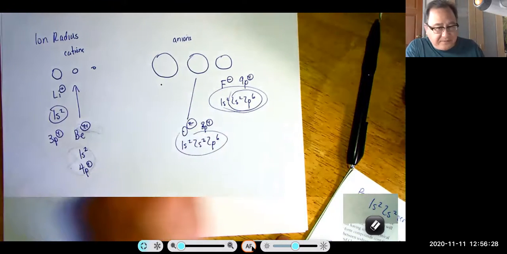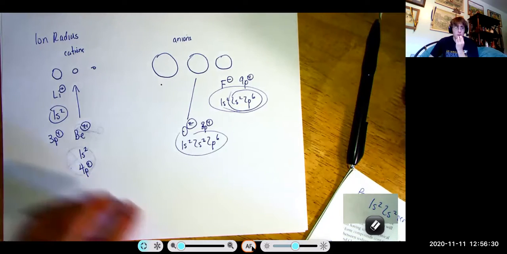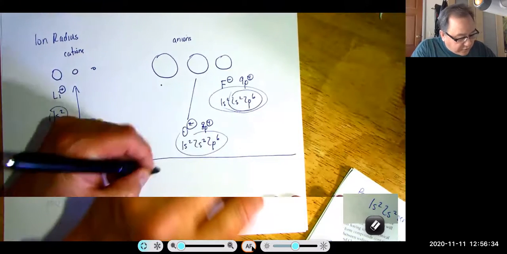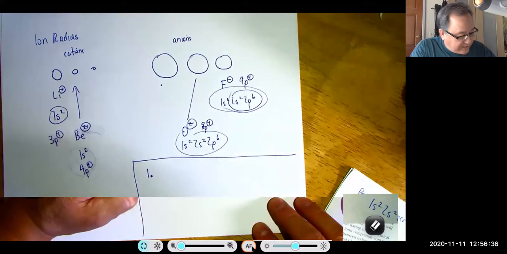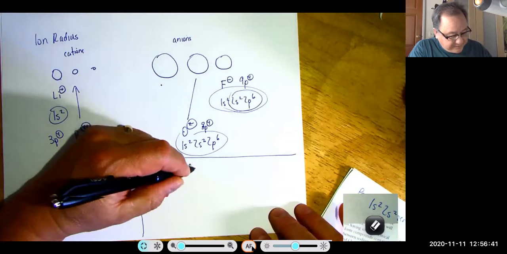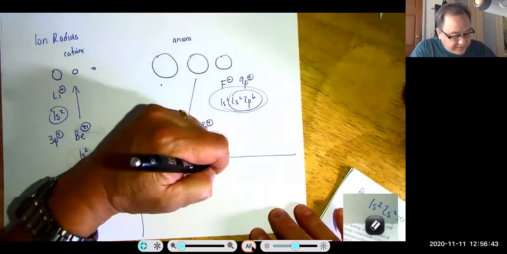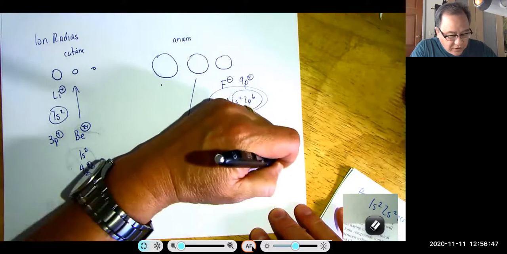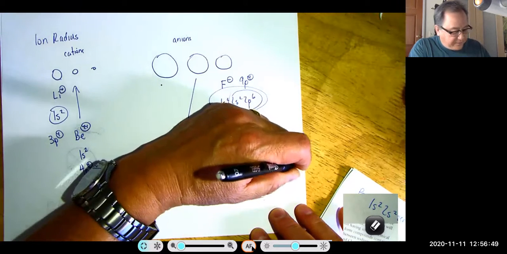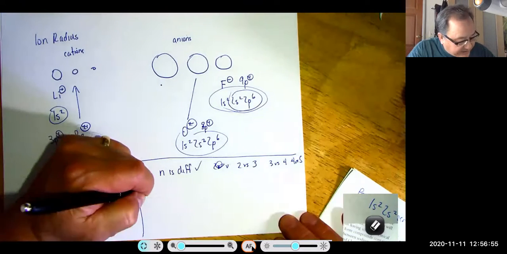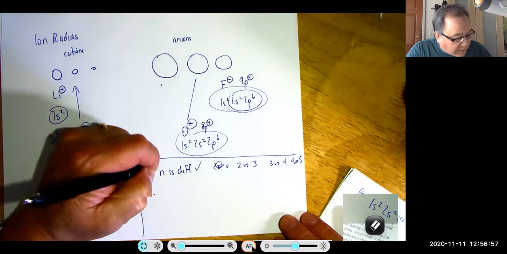Right. So you'll notice that the 2 big reasons for why things are different are, first of all, if the N is different, that's the reason. So 2 versus 3, 3 versus 4, 4 versus 5. If the N is different, that's the reason why they're different. But the second is, and here I'm talking about the outermost.